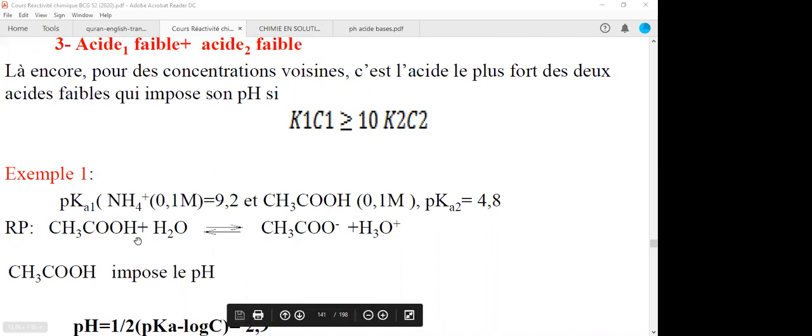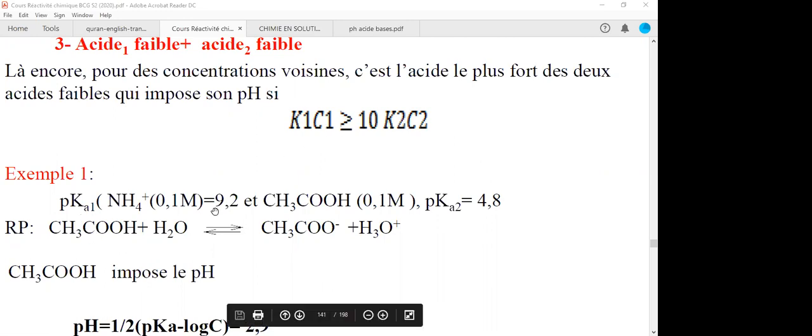Here, if we check, CH3COOH imposes the pH, this is the acid which is going to do so. If we use this condition with Ka, using pKa, like if you have a pen there, you can do this: Ka is given by 10 to the power negative pKa.